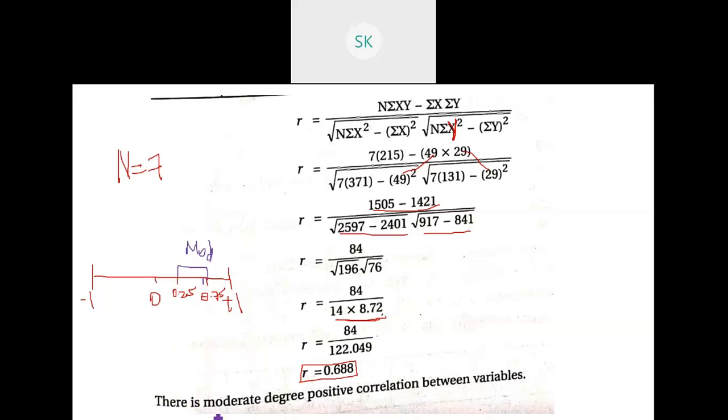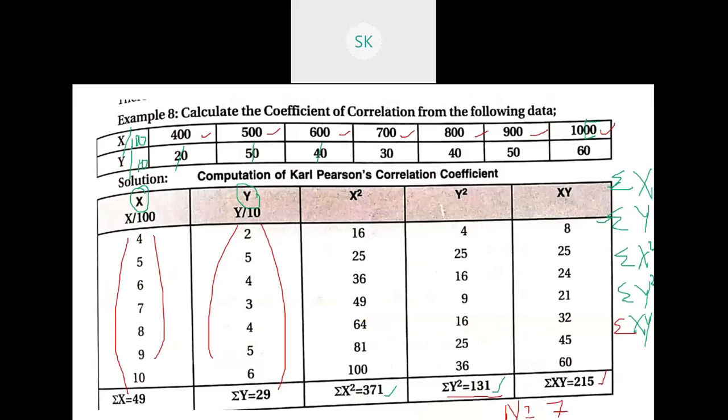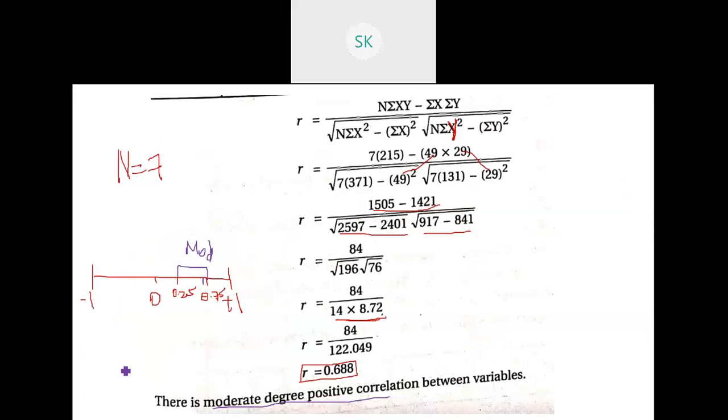So there is a moderate degree of positive correlation between the variables. Which variables? As per the question, x and y. So there is a moderate degree of positive correlation between the variables x and y. This was your next question.